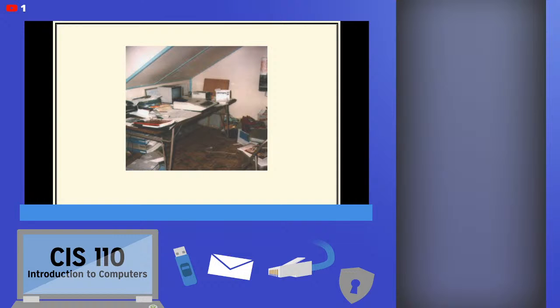Not only did it change the lives of Bricklin and Frankston, it changed the lives of everyone around the world, because VisiCalc, obviously, being the predecessor to what we know as Microsoft Excel, a common piece of software that's used in business applications every single day all around the world.